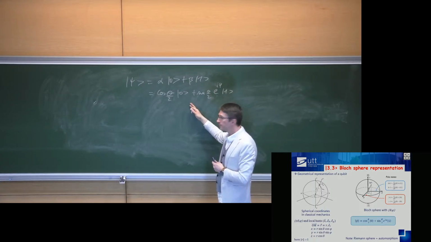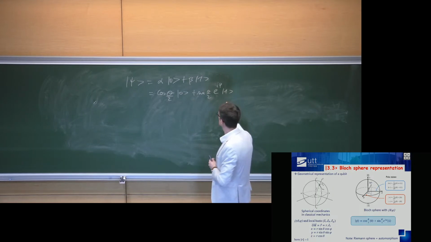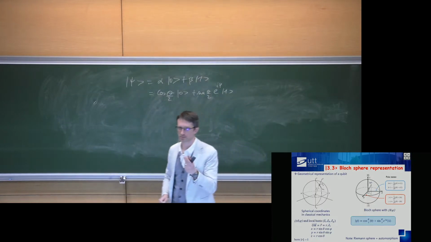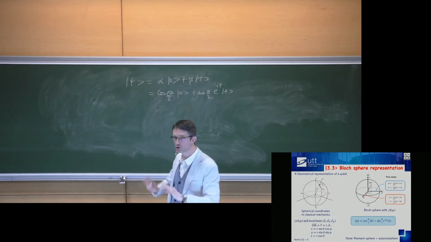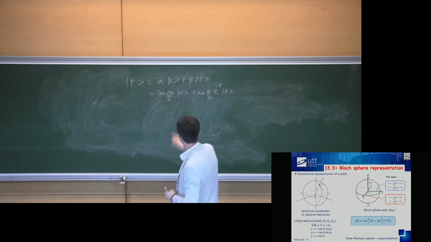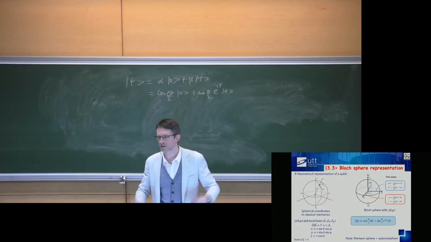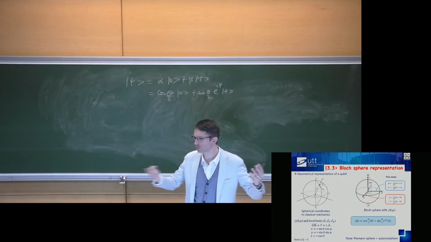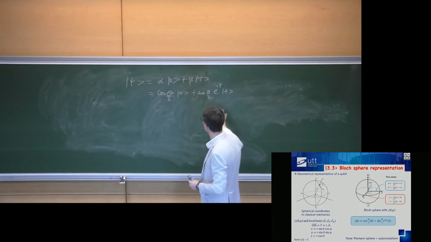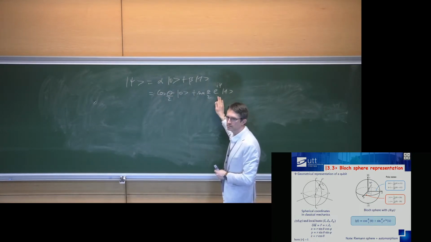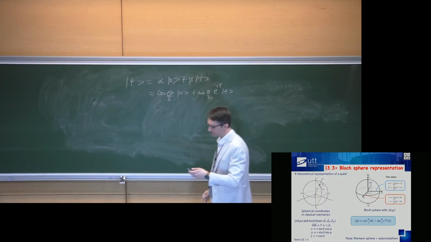As I said, this is a very useful representation because here we can clearly see that there is a complex part with this exponential. That's good, because otherwise all we know is alpha and beta are complex numbers, but we may forget that, or we don't know, maybe one is real, both, we don't know. Here, there is no problem. This is real, but this is complex. So it's quite useful.